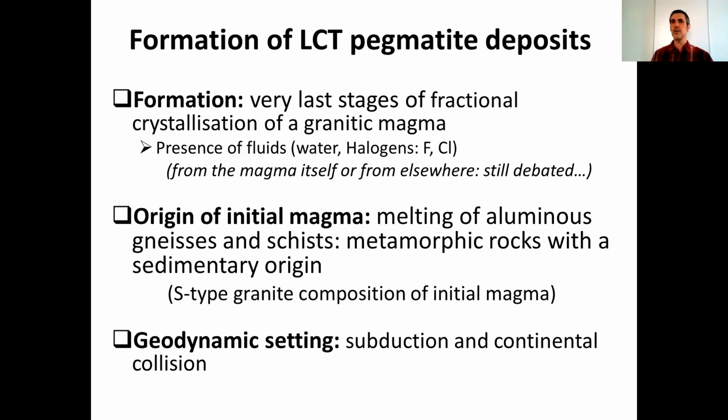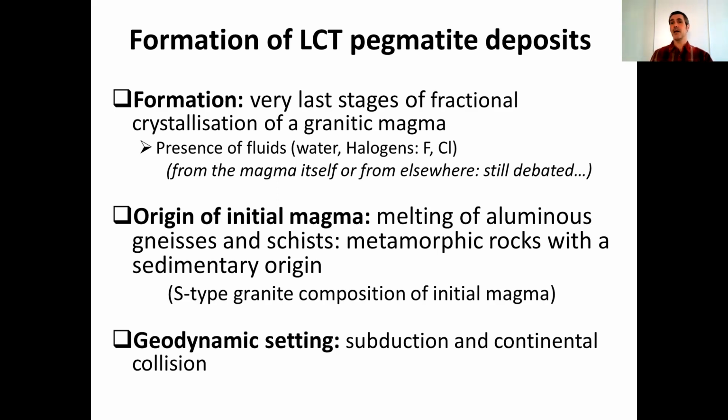They are denser than the remaining liquid, and they sink at the bottom of the magma chamber. As a result, the remaining liquid is more enriched in the elements that are not included in olivine, pyroxene, and calcium plagioclase. Specifically, incompatible elements like lithium.